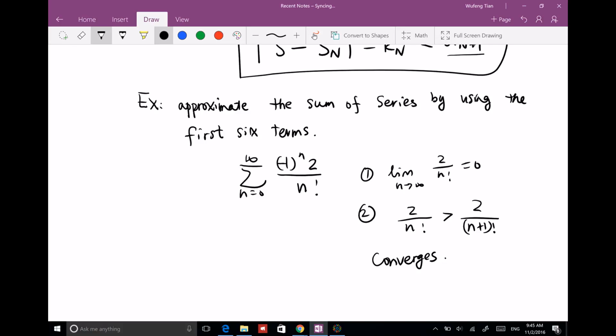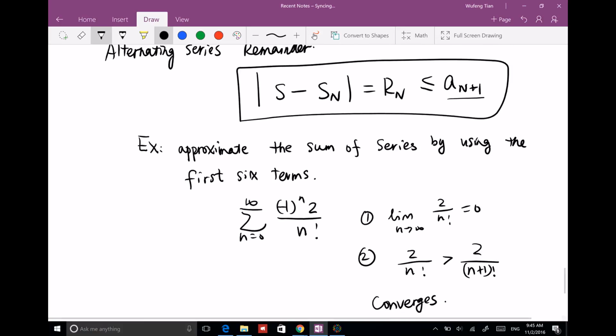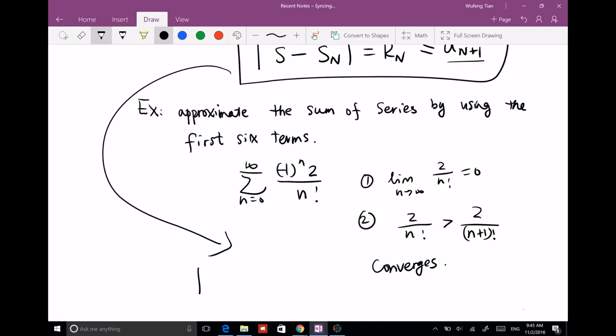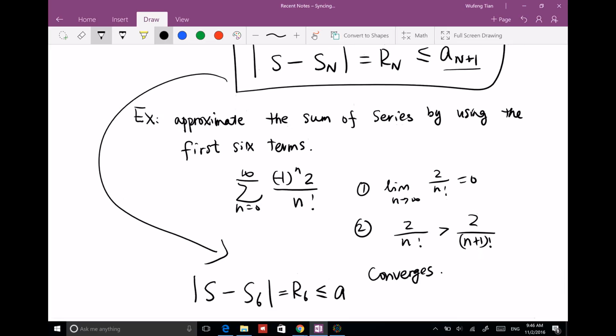Okay, so what we have: because of the alternating series theorem, S is what the whole series converges to, and S minus S6 equals R6, which is less than or equal to a. Can anyone tell me what you have?